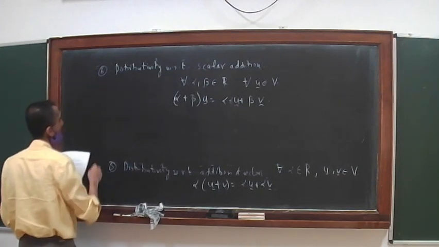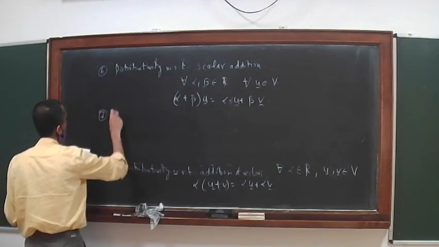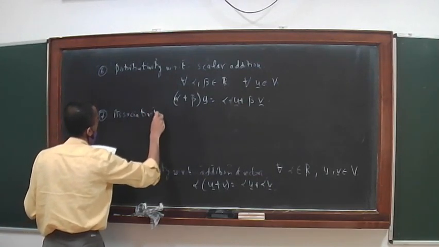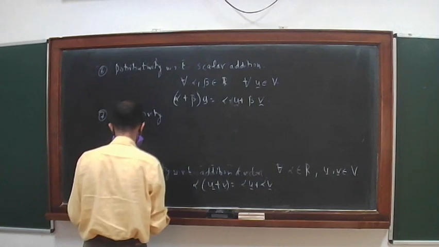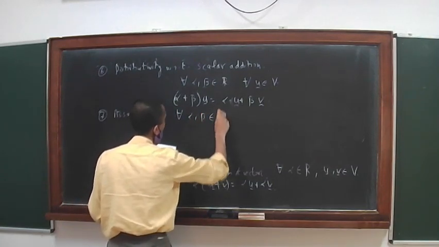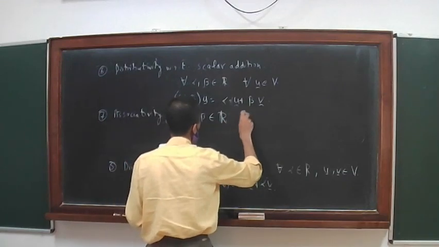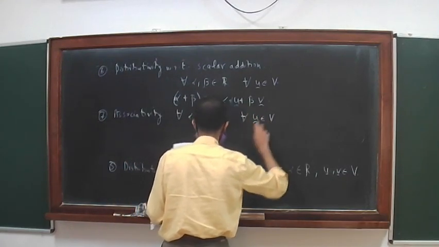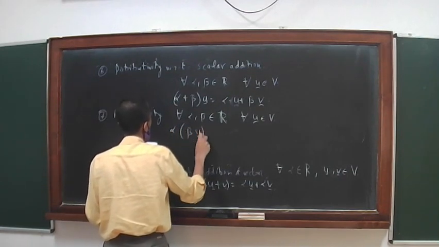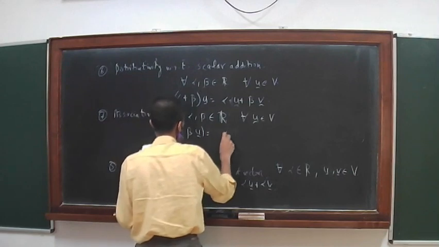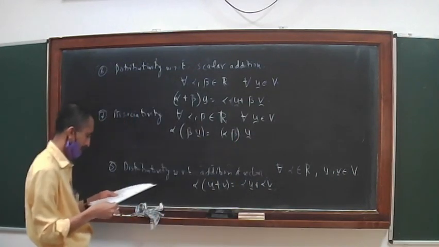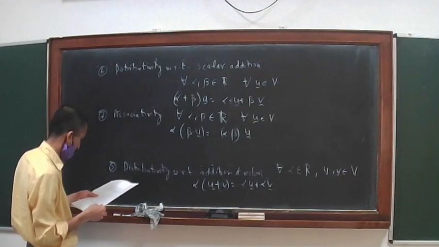And then the seventh property is associativity. For all alpha, beta belonging to R and for all u belonging to V, alpha beta u is equal to alpha times beta u. So this is how we define associativity of scalar multiplication.